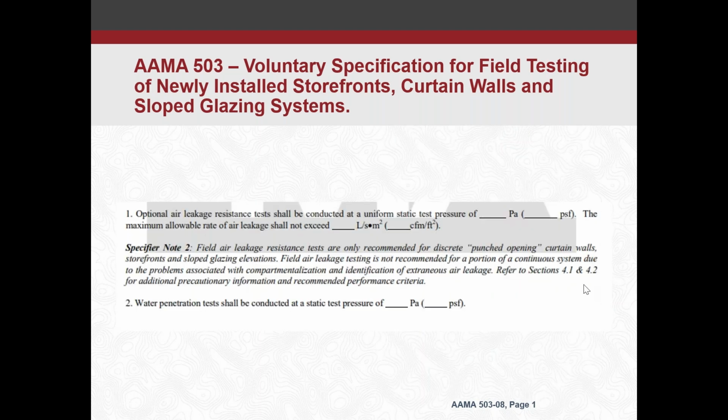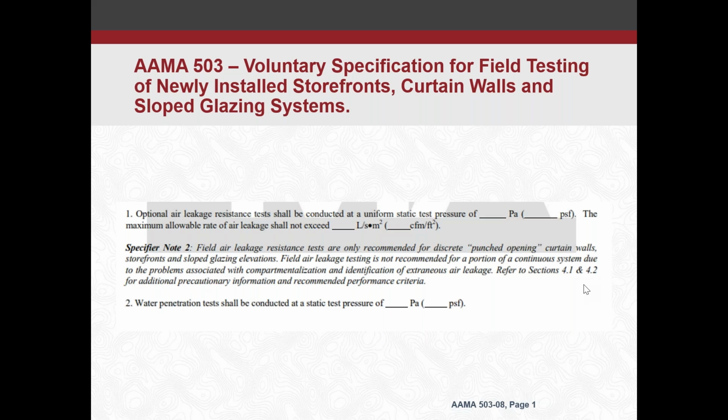So let's move into the lower portion for items number 1, 2. The optional air leakage resistance test should be conducted at a uniform static pressure of blank PSF. Maximum allowable rate of air leakage shall not exceed blank CFM.